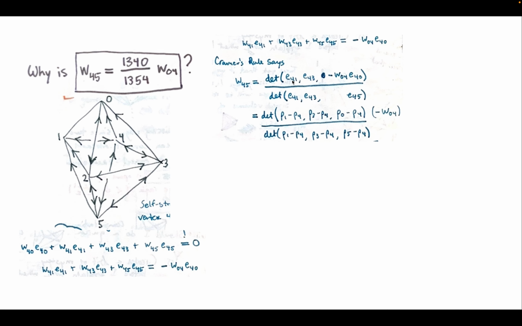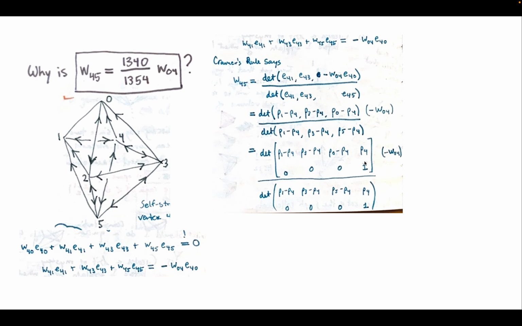But E41 is P1 minus P4. It's the edge vector going from 4 to 1, so it's 1 minus 4. And we do the rest of these replacements. We can also, by multilinearity, pull out this scalar. And then I'm going to expand it, adding an extra column and an extra row, where I'm just adding P4 and a 1. It doesn't change the determinants at all. Why would I do that?